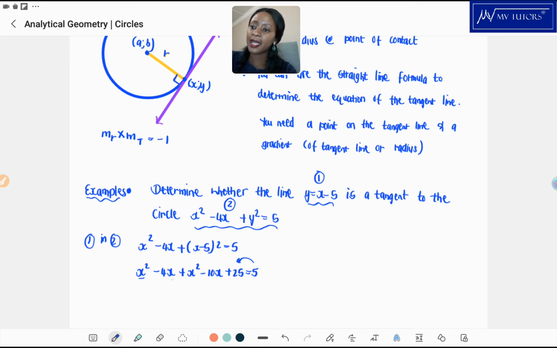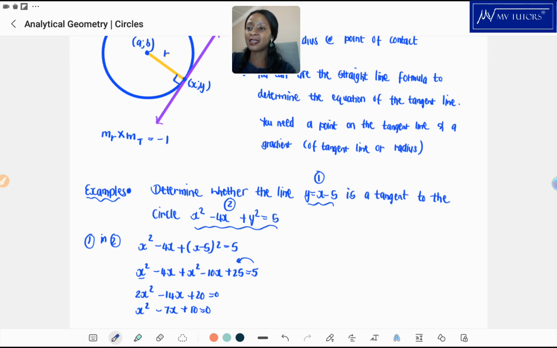So now I have 2x squared, and minus 4 minus 10, that will be minus 14x. And then the 5, this side is going to be negative, so I'm going to be left with 20. Now I'm going to divide everything by 2. So I'm going to have x squared minus 7x plus 10 is equal to 0.